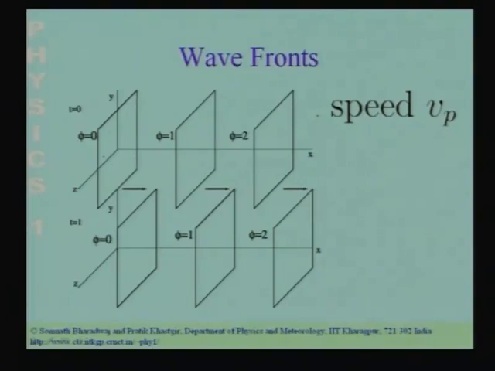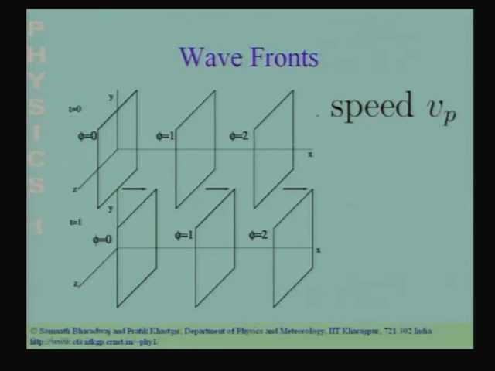I could have other kinds of wave fronts also which are not planes, and then they would not be plane waves, but in this simplest situation, the constant phase surfaces are planes. These planes are shown over here. These planes are perpendicular to the direction of propagation of the wave. In this case, they are perpendicular to the x axis. So, we have these wave fronts on which the phase has constant values.